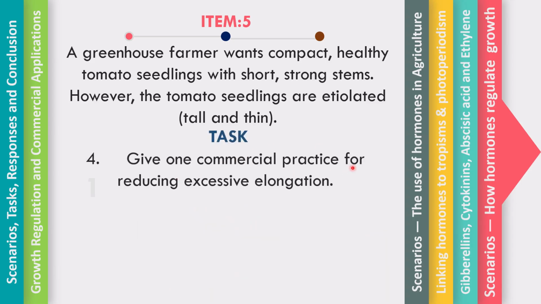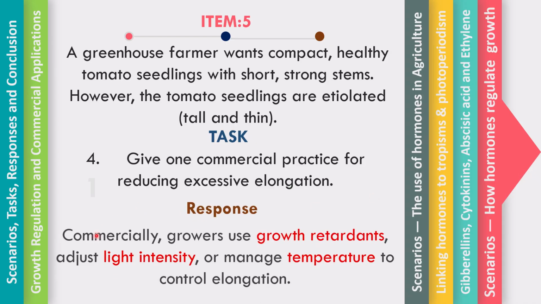Give one commercial practice for reducing excessive elongation. Commercially, growers use growth retardants, adjust light intensity, or manage temperature to control elongation.